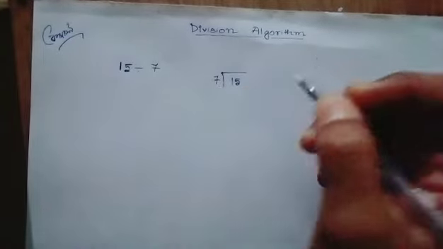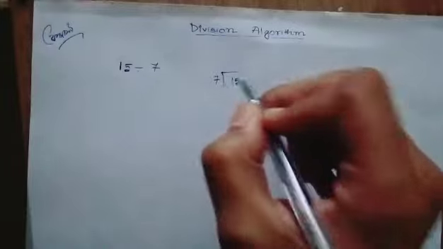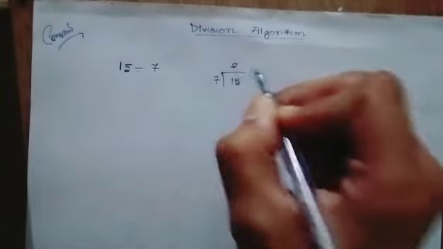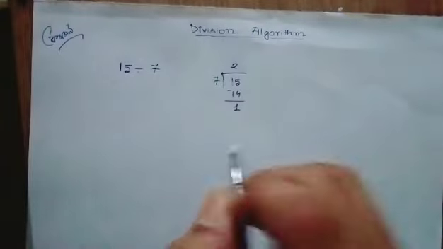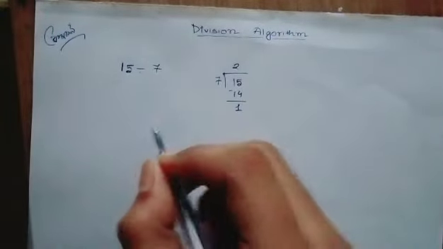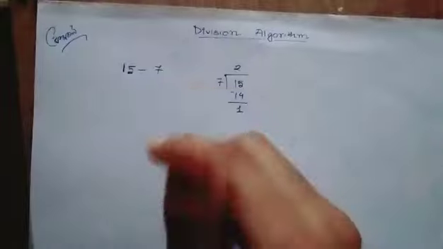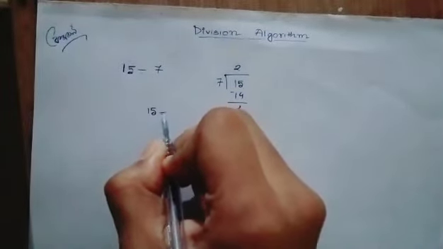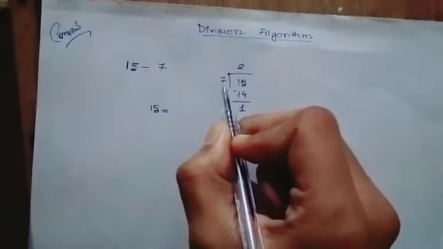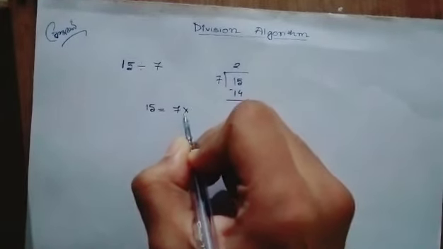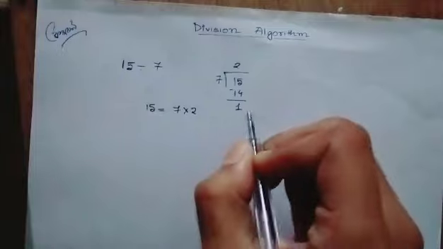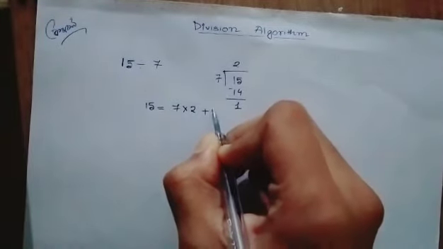15 divided by 7: 7 into 2 is 14, and the remainder is 1. So you can express 15 as 7 into 2, that is 14, plus 1.